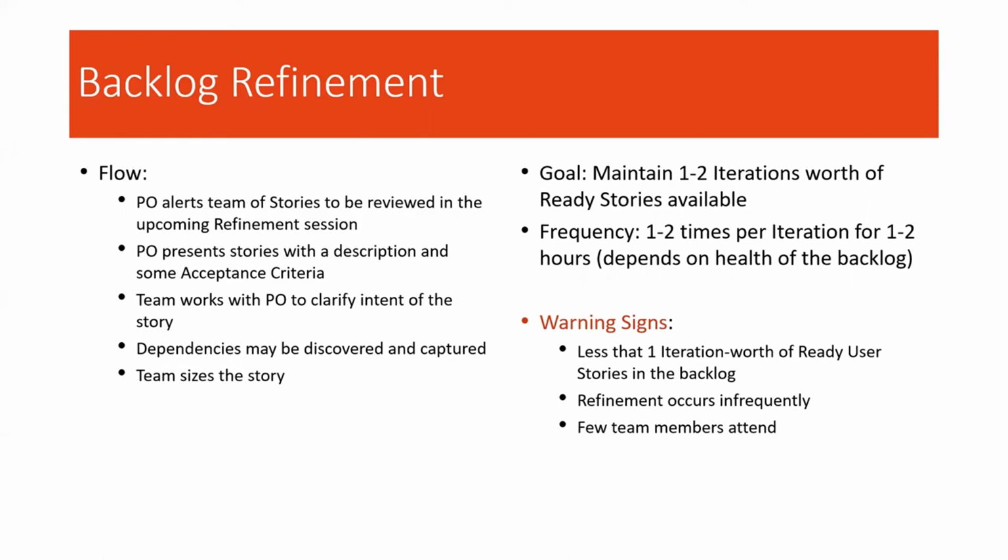We run the risk of not having enough ready user stories if we're not holding this session regularly. And lastly, few team members attend. We really want to make sure we're capturing the perspective of as many team members as possible on each story so that we get the best clarification and understanding that we can on the scope. If we don't have many team members attending, we're going to be losing out on their perspectives.